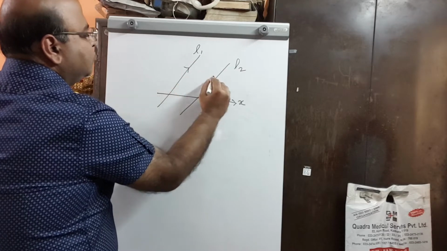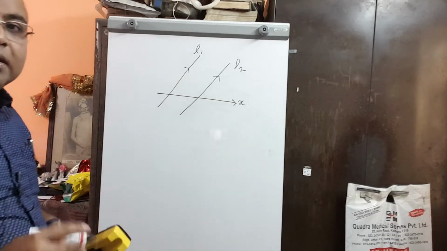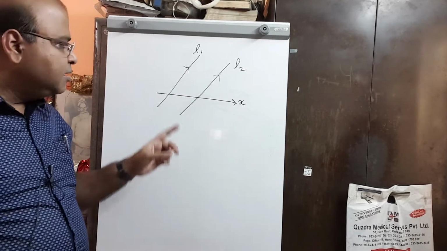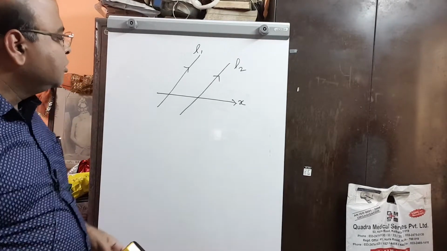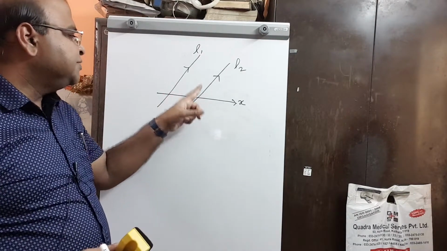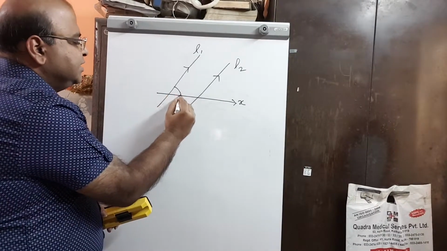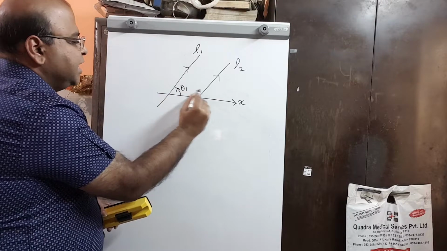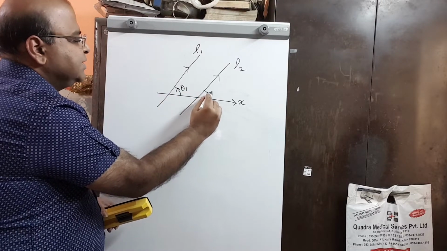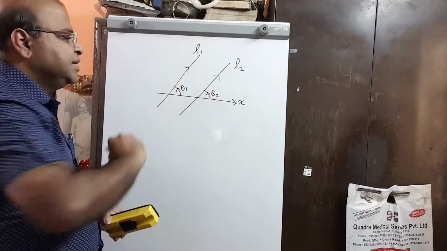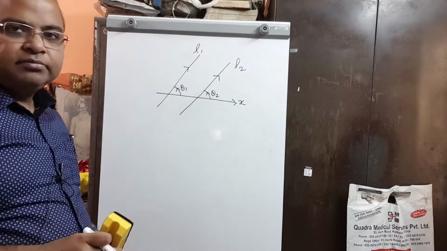These lines are given to be parallel, and we have to establish a relation between their slopes. So again, if I consider their respective angles of inclination, say this one is angle theta 1 and this one is angle theta 2. Both the angles are measured in anti-clockwise sense from x-axis towards the line.